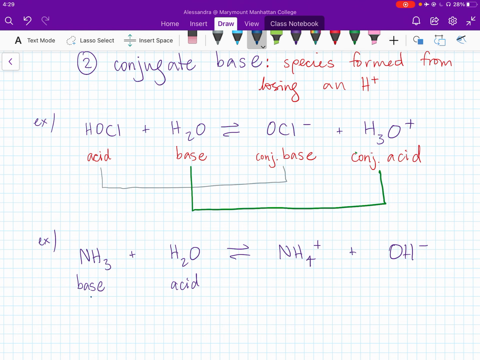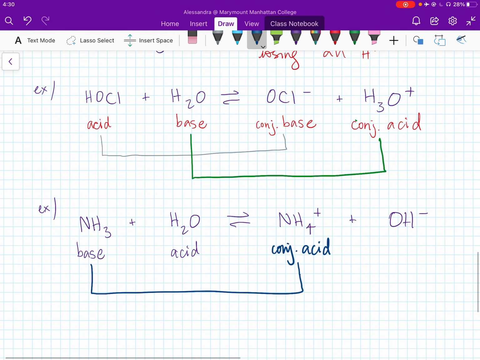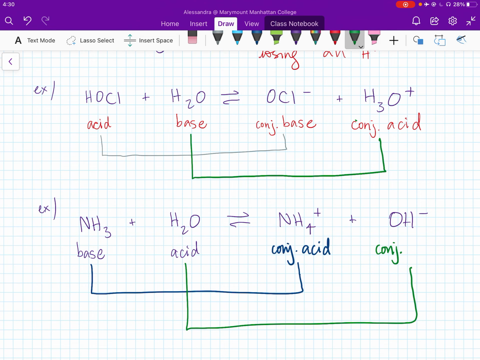So the base should have a conjugate acid, and its conjugate acid is the species that forms when that base accepts a proton. So the base accepts a proton and it becomes its conjugate acid, ammonium, NH4+. The acid donates a proton and it becomes its conjugate base, which is hydroxide. So every acid has a conjugate base, and every base has a conjugate acid.